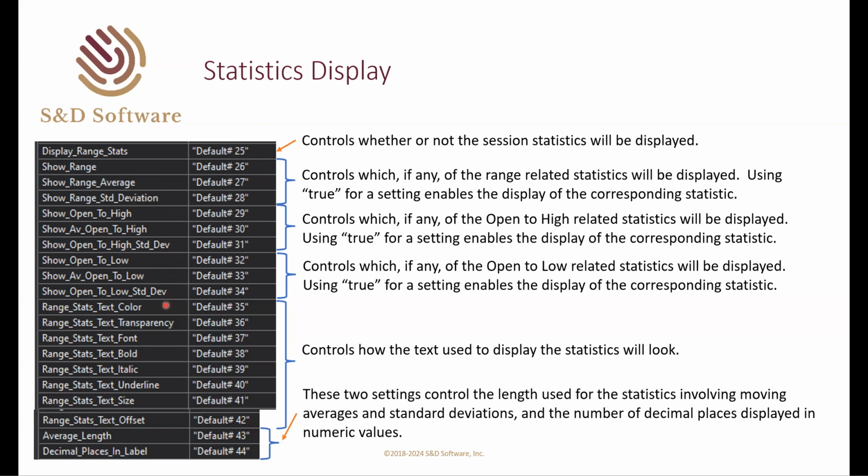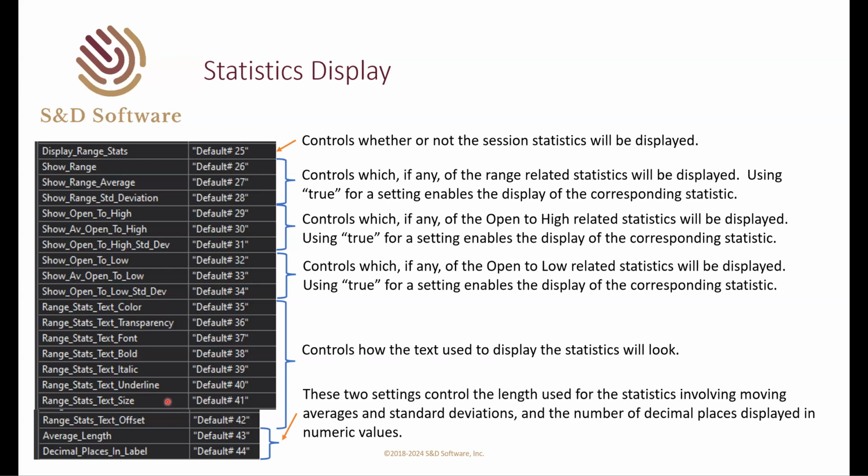Now, of course, because you're putting stuff onto the chart, we're going to give you some control over what that looks like. And these are all settings that we've seen in the prior lessons, so we're not going to spend a lot of time on them here. But you have all the usual suspects for the text. You'll be able to set the color, the transparency, the font, bold or italic.